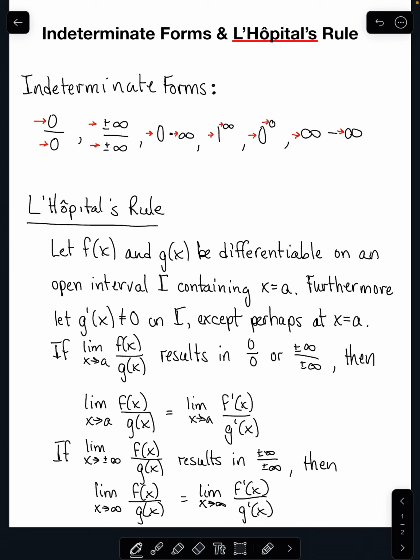Basically, if the limit of a fraction results in either of these indeterminate forms, then we can take the limits of their derivatives instead.